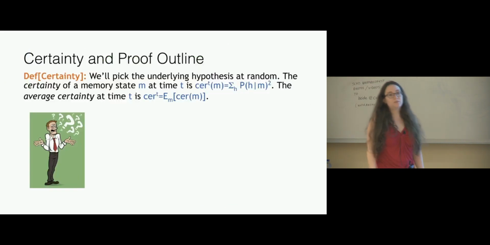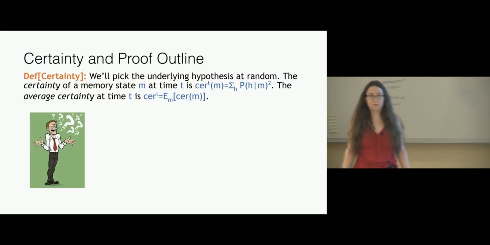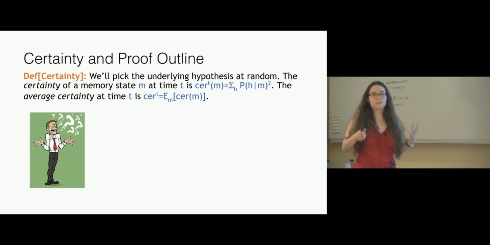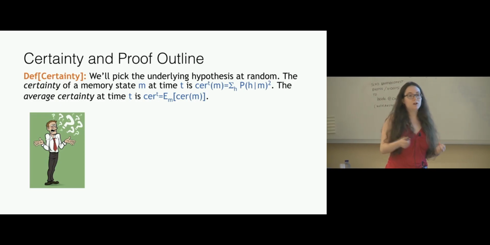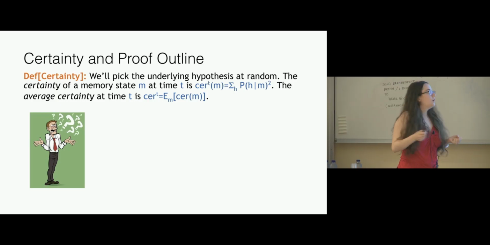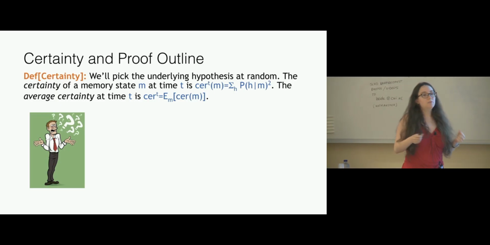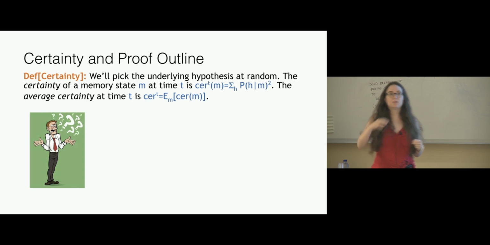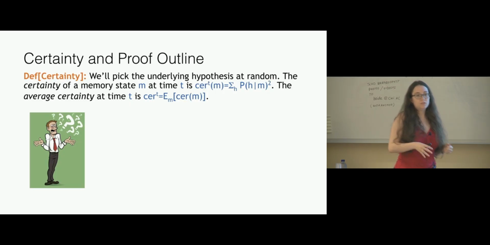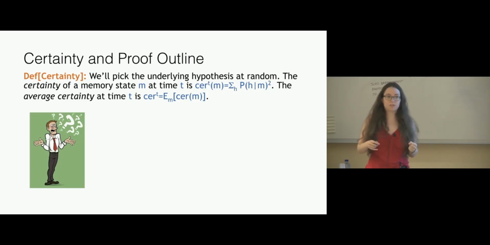Okay, now I want to show you a bit of our framework. The main concept that we use is certainty. We want to know how certain a memory is in its answer. Notice that each memory state defines some distribution over the hypotheses, which states what is the probability that some hypothesis is the correct one, given that we have reached this memory state.